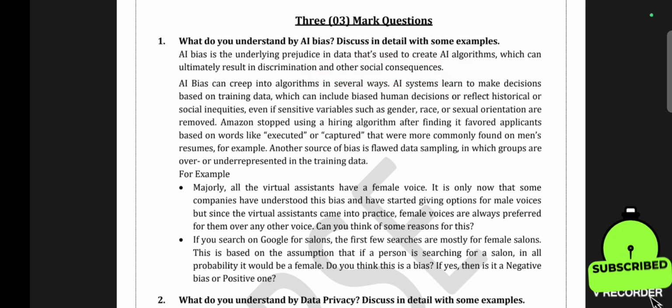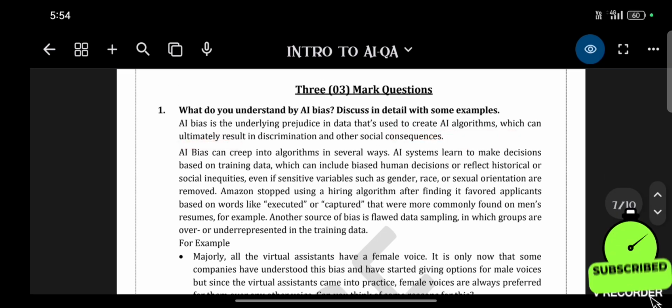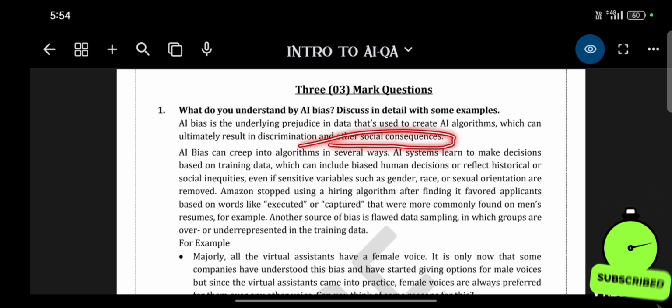If you want, you can also cut results in discrimination and others. Then you can say AI bias is prejudice in data that's used to create AI algorithms, which can ultimately result in other social consequences.